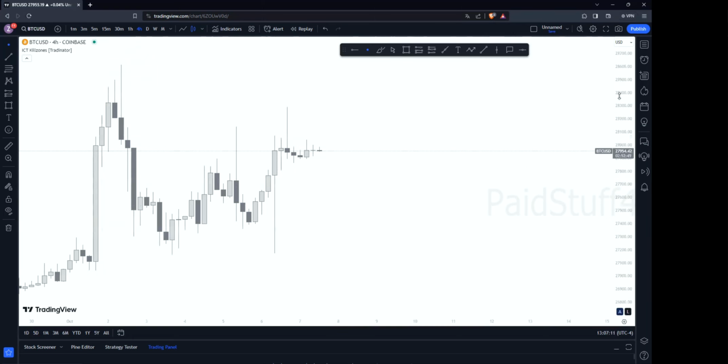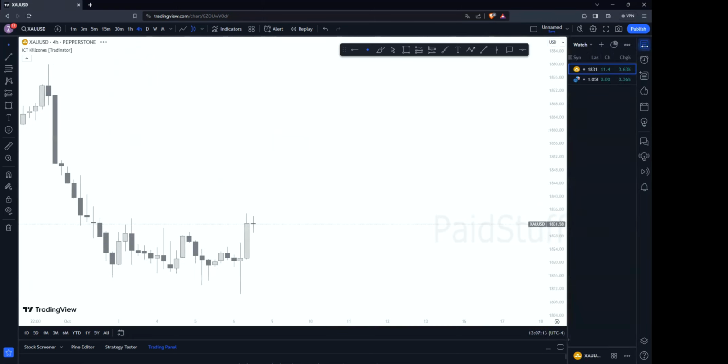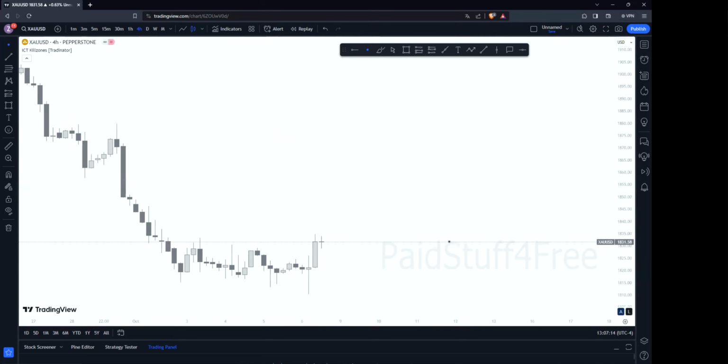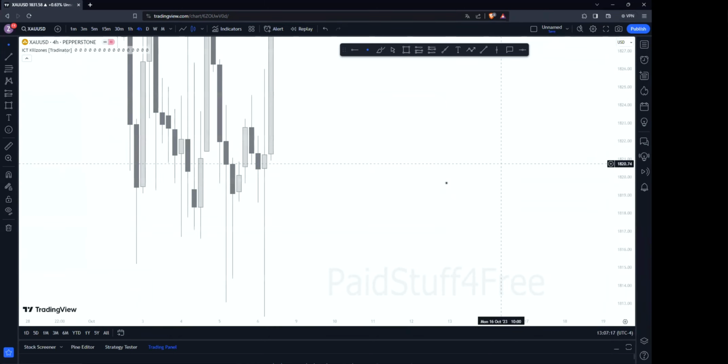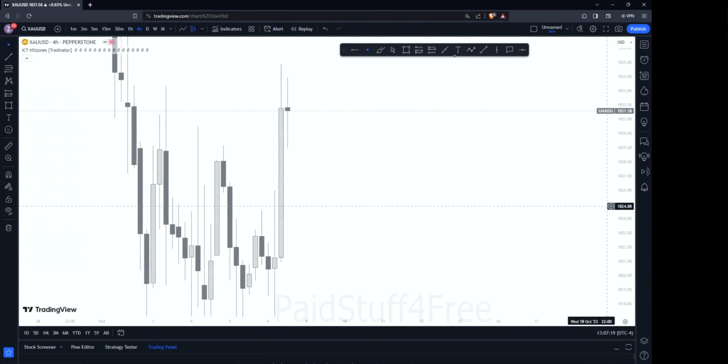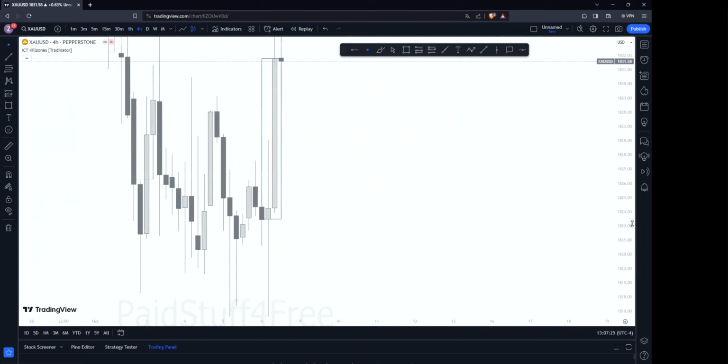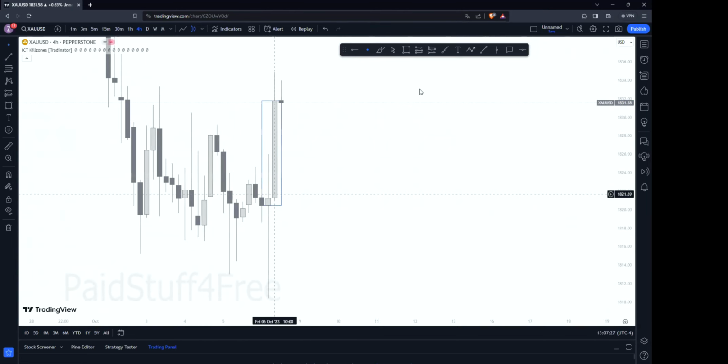So let's take an example of these. You're going to have one candle, and a second candle right here. These are two bullish candles, a bullish candle and another bullish candle next to it.